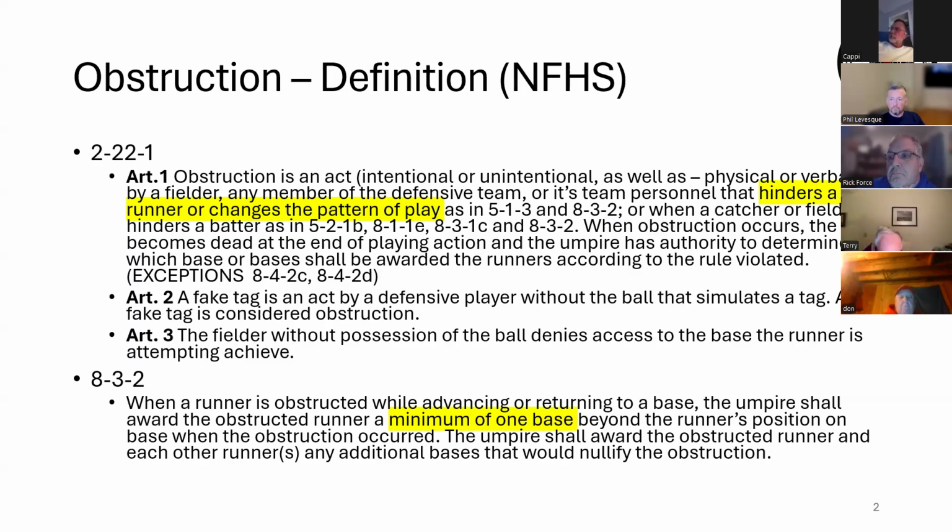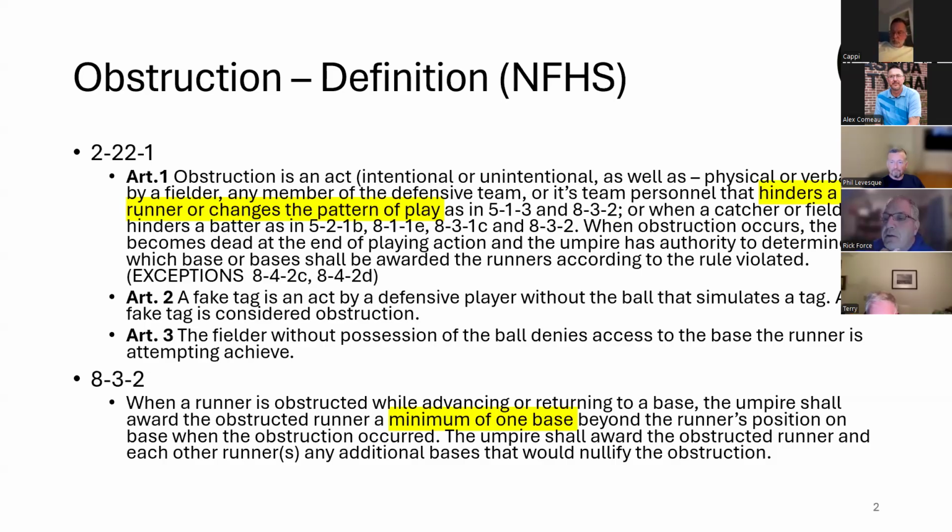And other people say, well, no, the entire base should be wide open so the runner has any option he wants. And it's not our fault. They keep tweaking the obstruction rule and they're not making it better. They're making it more confusing. No, I don't disagree with you. That's why it's a judgment call, and it's just something that we have to umpire sometimes.